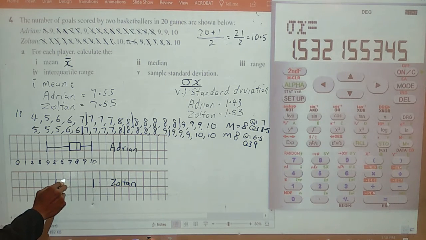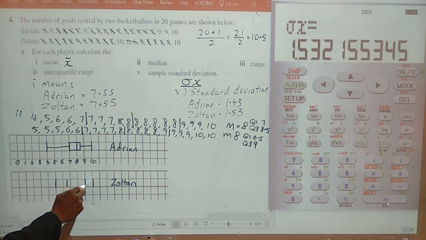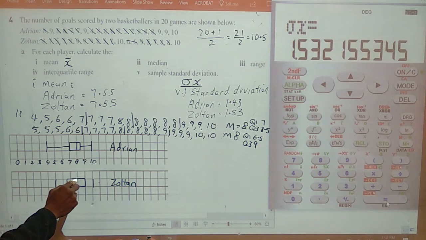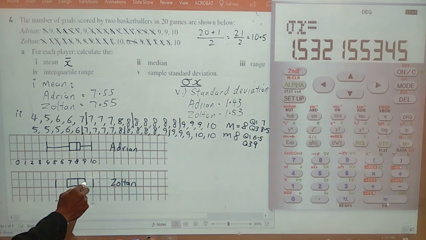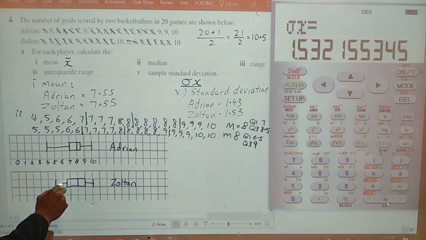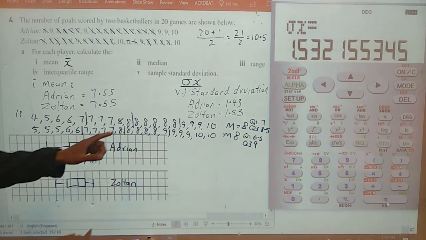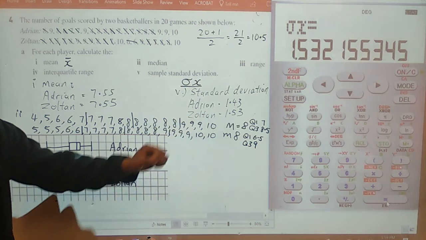His Q1 starts at 6.5, and his Q3 is 9. His median is 8. Both Zoltan and Adrian have the same median, but you can tell from here that Zoltan has a larger middle spread. And that actually ties in with his standard deviation being larger.